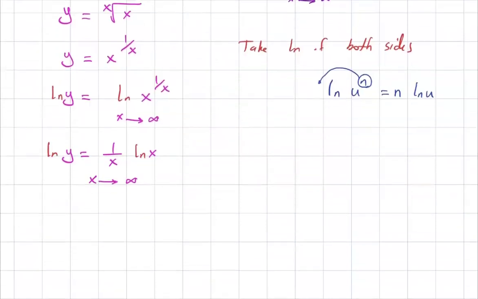But if you use direct substitution, what do you get? You get 1 over infinity, which is 0, times ln of infinity, which is infinity, an indeterminate form.